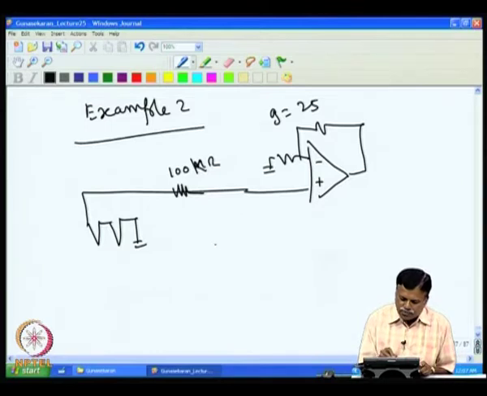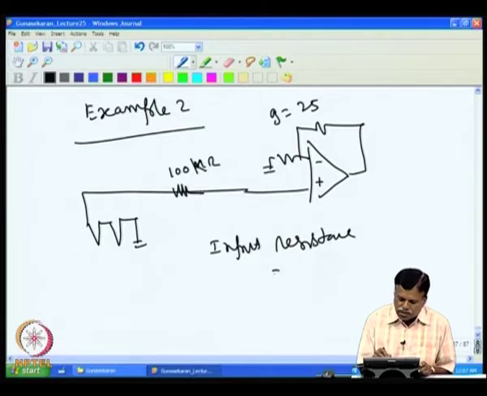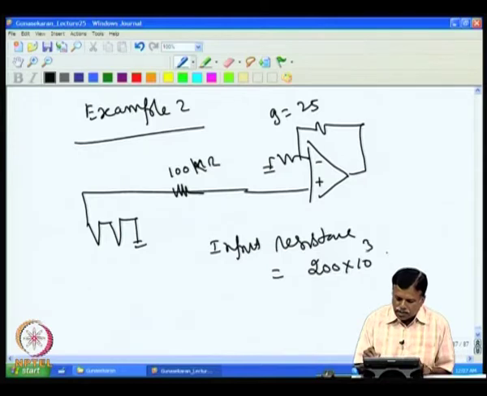For example, if the gain is 25, then the input resistance in this case would be, for example, 200k into 25,000, the open loop gain, and I have a gain of 25 here, that will come to 200 meg ohm.